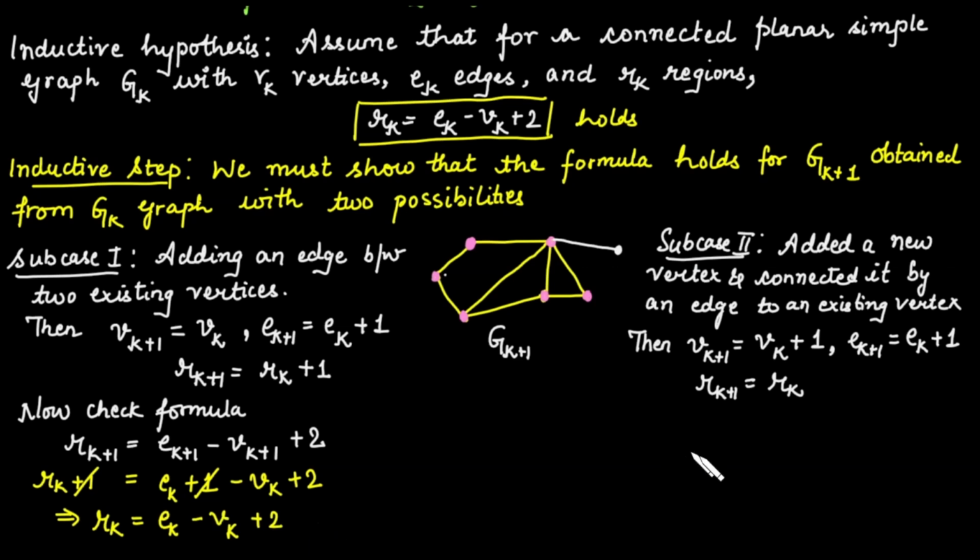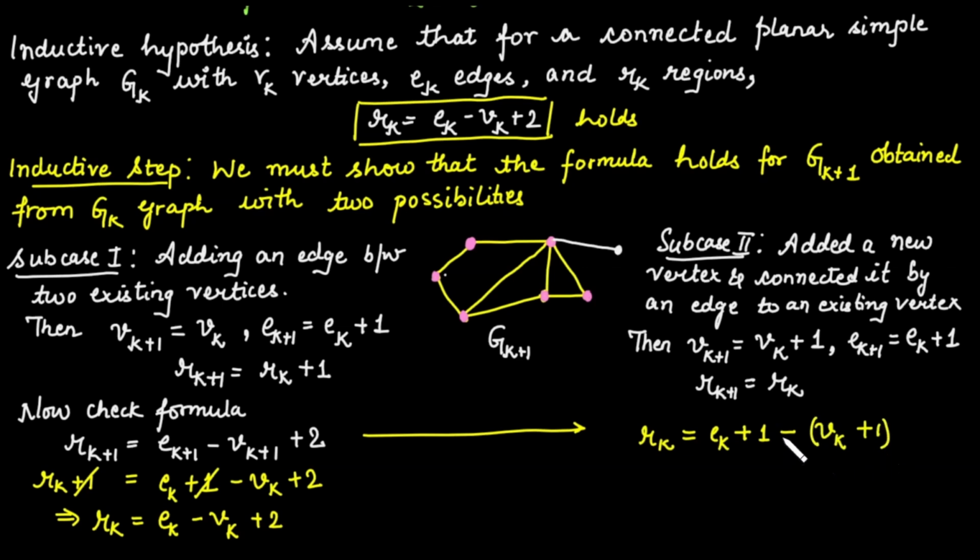Now what is the answer we are getting for the second case? For this case, plug in the values in this form. What we have, this is RK is equal to number of edges are increased by 1. So total number of edges in a previous case plus 1 minus vertices are, that is VK plus 1.